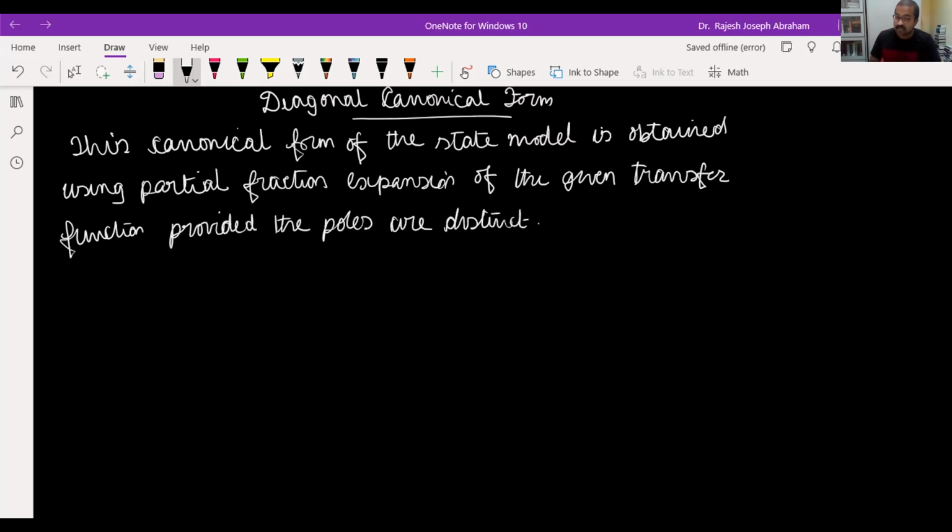So if your transfer function has distinct poles, then we can obtain the diagonal canonical form. If your transfer function has repeated poles, then we get what is called a Jordan canonical form.